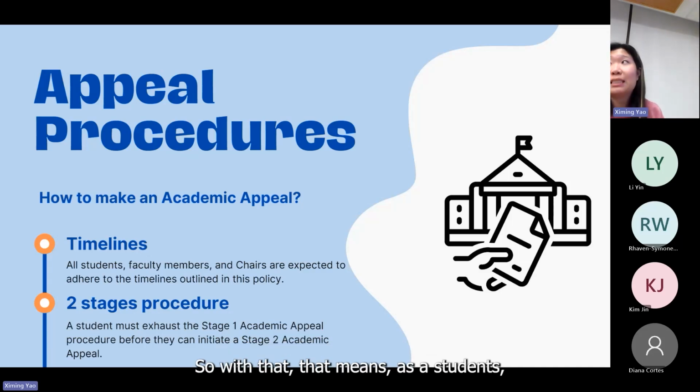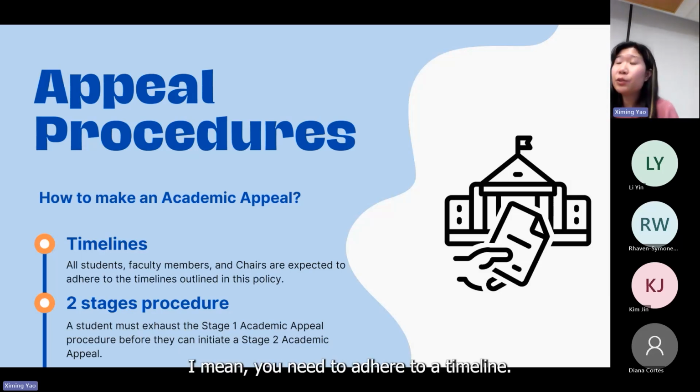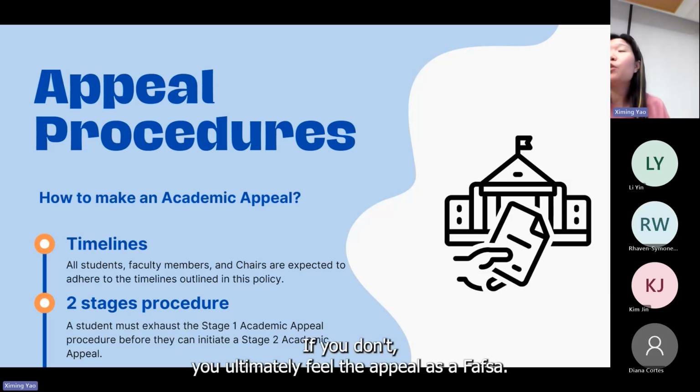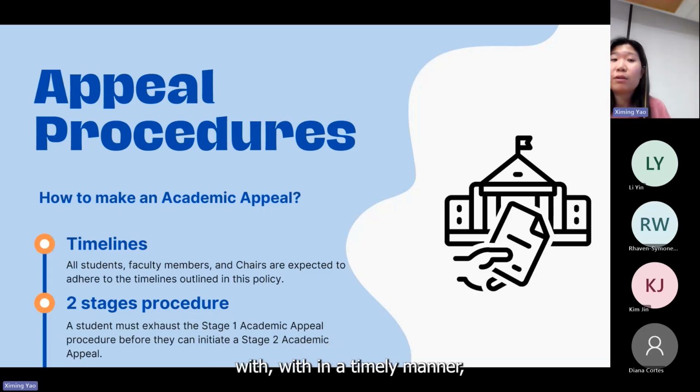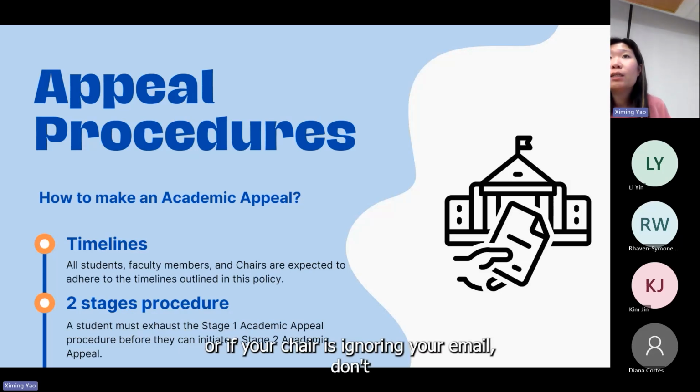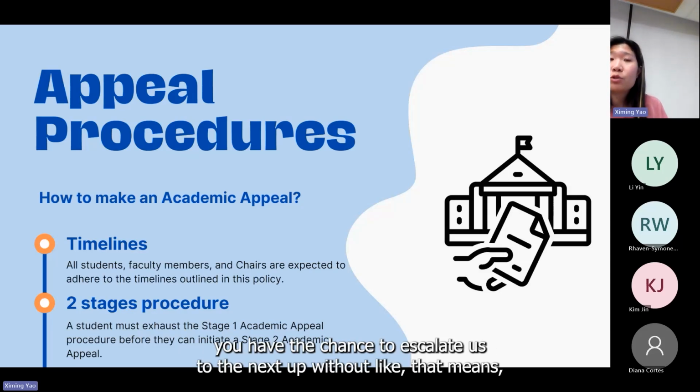So what that means, as a student, you need to adhere to the policy. You need to adhere to the timeline. If you don't, you automatically fail the appeal. As a faculty, if your faculty is not responding to you in a timely manner, or if your chair is ignoring your email, then you have the chance to escalate this to the next step.